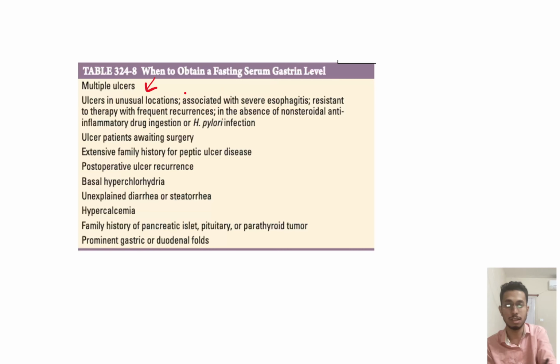Obviously, multiple ulcers in unusual locations like the jejunum, with severe esophagitis, when there is no stigmata of NSAID use or H. pylori infection, unexplained diarrhea or steatorrhea, family history of similar presentation, family history of MEN1, and family history of peptic ulcer disease. These are the indications for suspecting Zollinger-Ellison and obtaining serum gastrin level.